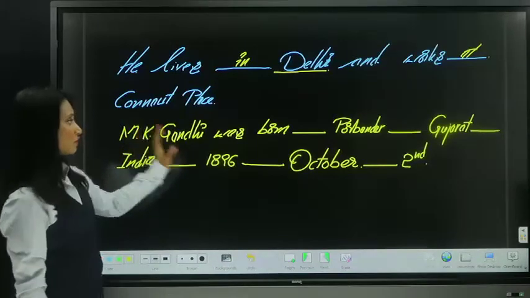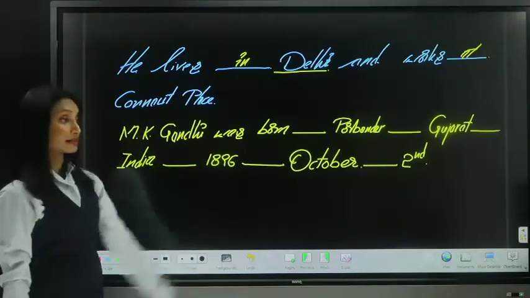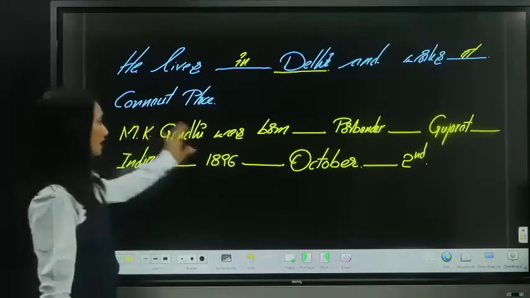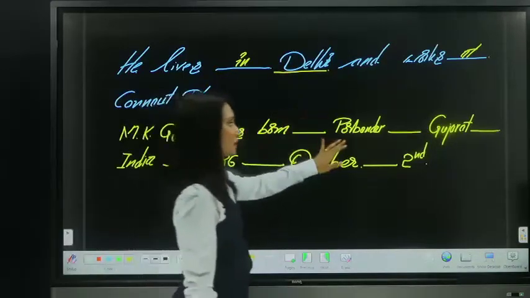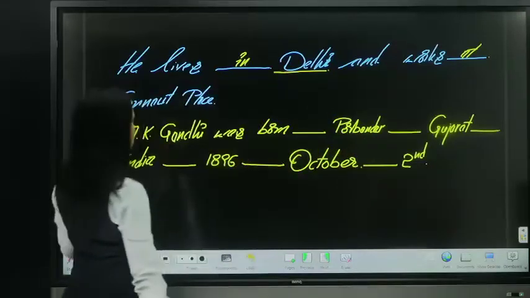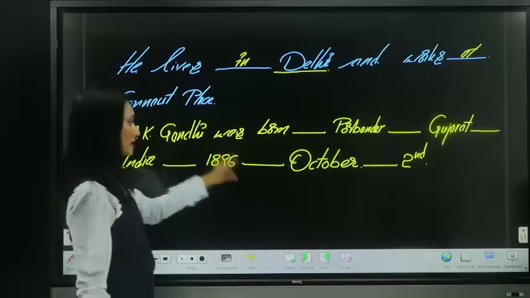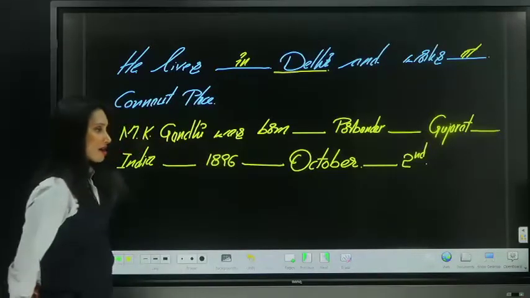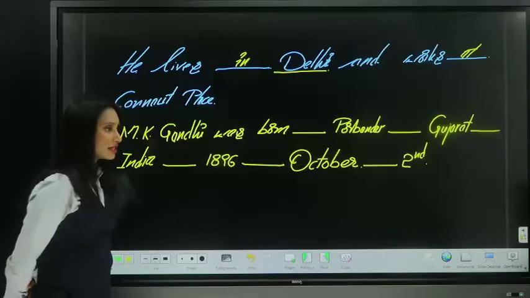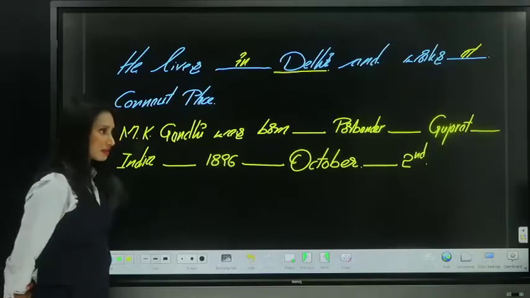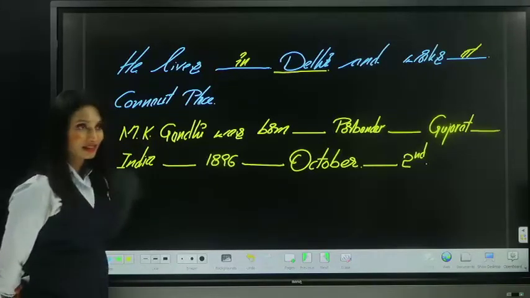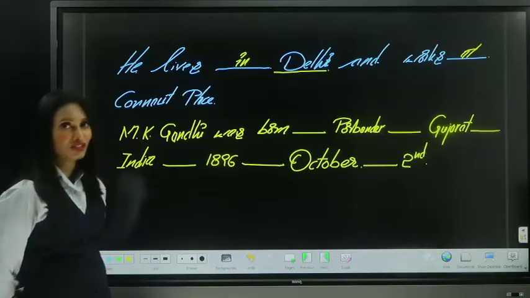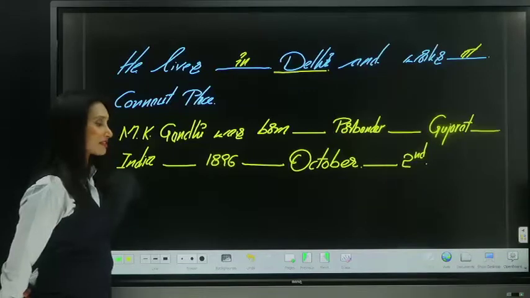So I have given you total 6 blanks. So all 6 at a time try to answer. M.K. Gandhi was born dash Porbandar dash Gujarat dash India dash 1896 dash October dash Sunday. So Akash answered first 3. Okay, Swapna also answered first 3. So take your time and answer all 6.